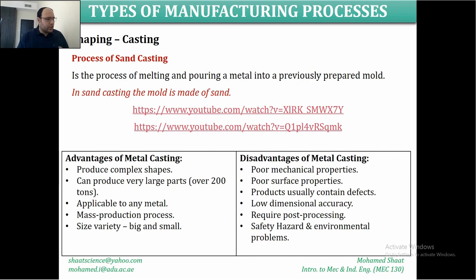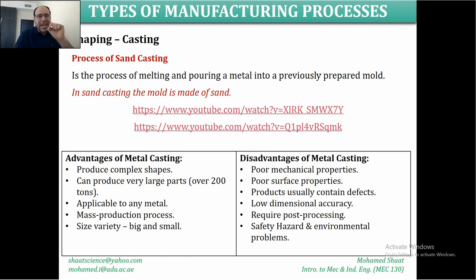We said that any process that would be counted as a shaping process should require melting the raw material. A typical and very common example of the shaping process is casting. Casting is not just one method. Casting is a huge industry, and it involves so many manufacturing methods. Generally speaking, this is known as metal casting, and there are lots of metal casting processes.